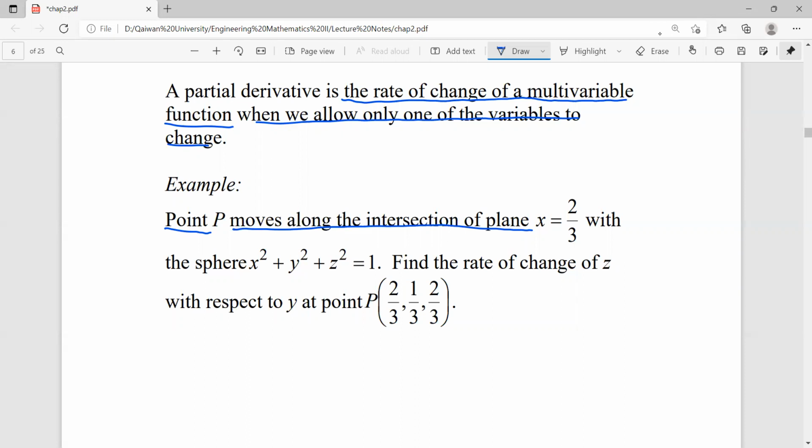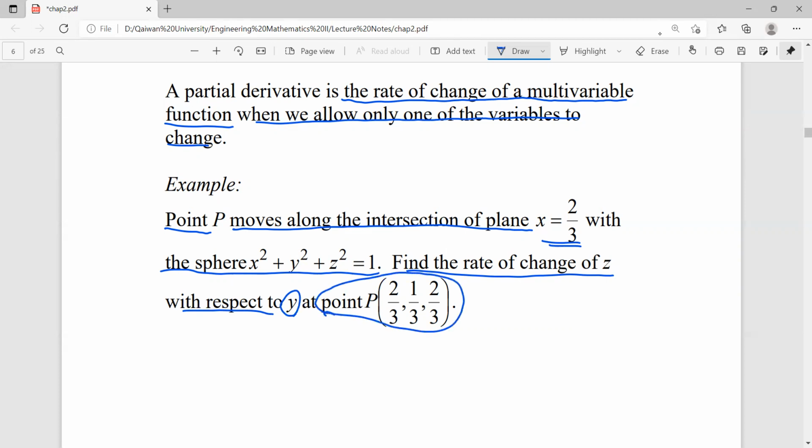We have a point which moves along the intersection of this plane with this sphere. Find the rate of change of z with respect to y. Here, we just find the rate of change with respect to y at this point.